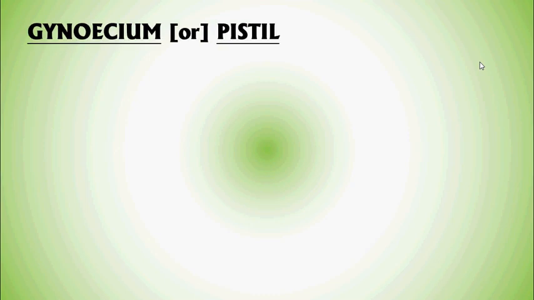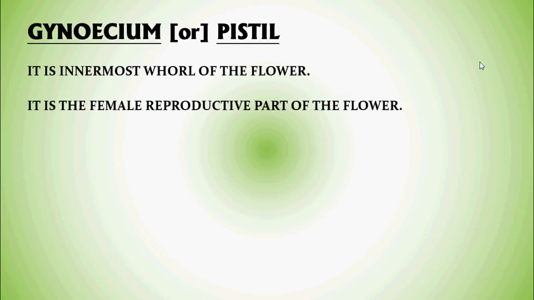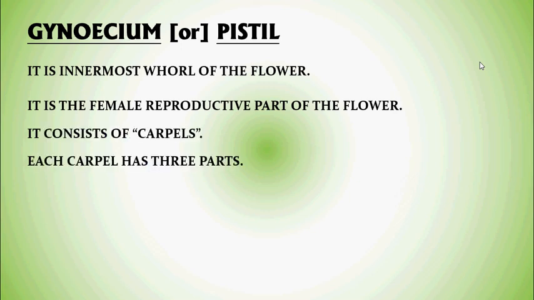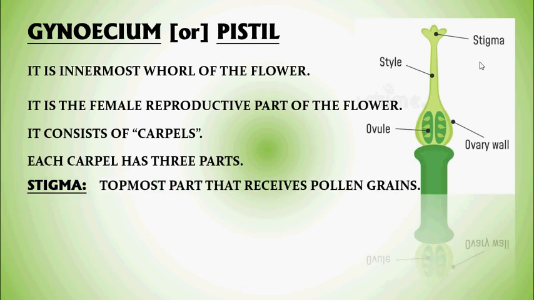Gynoecium or pistil. It is the innermost whorl of the flower. Gynoecium is the female reproductive part of the flower. It consists of carpels. Each carpel has 3 parts. They are stigma, the topmost part that receives pollen grains during pollination.